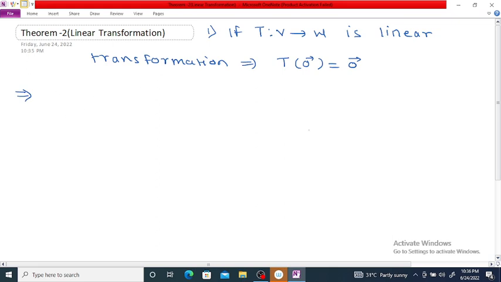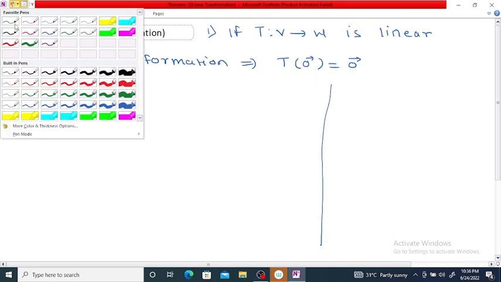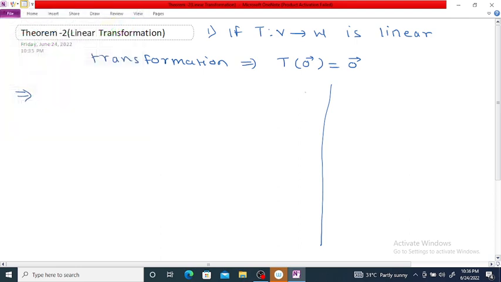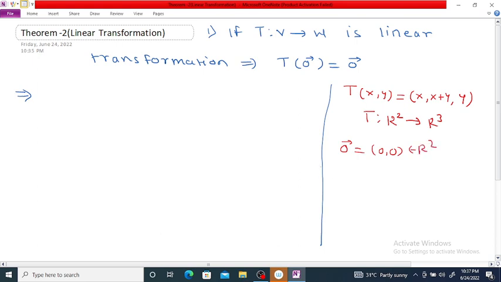So for example, consider T of (x, y) equal to (x plus y, y, y), a linear transformation, a mapping from R square to R cube. If we consider 0 bar equal to (0, 0) in R square, we are going to check whether it maps to 0 bar in R cube.